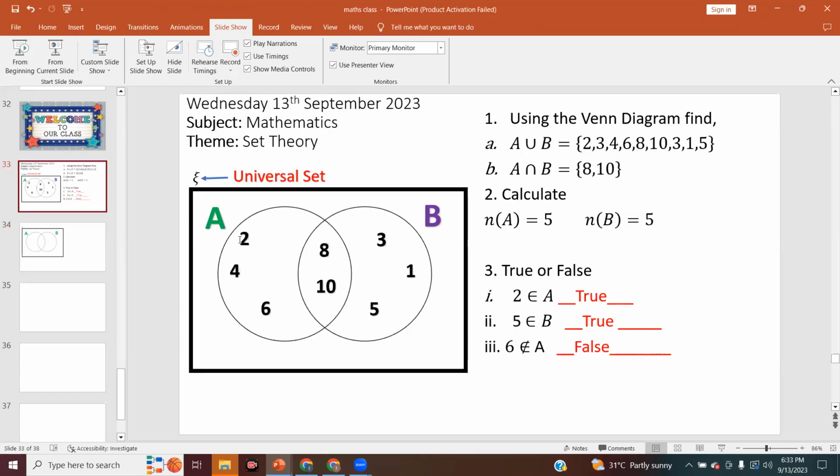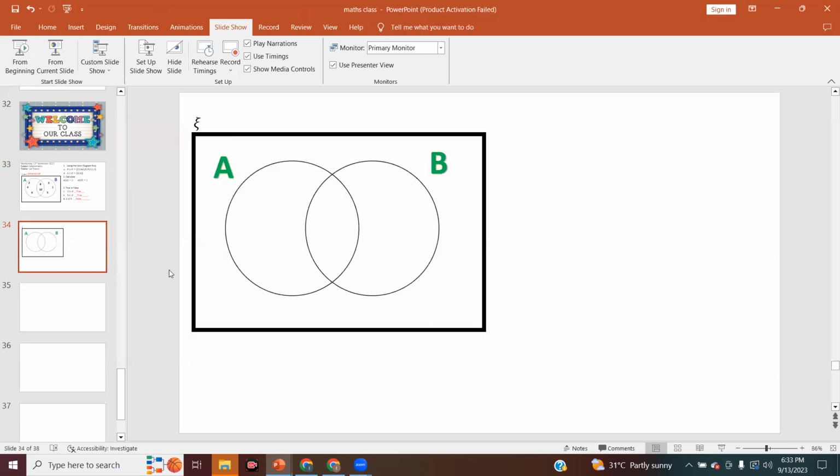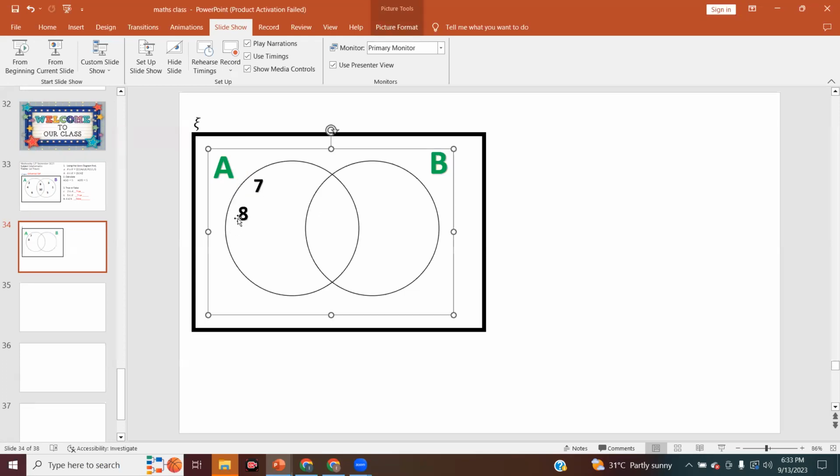Let's say this is 7. Then this one is 8. Let's say this is 9. And let's say this is 10.